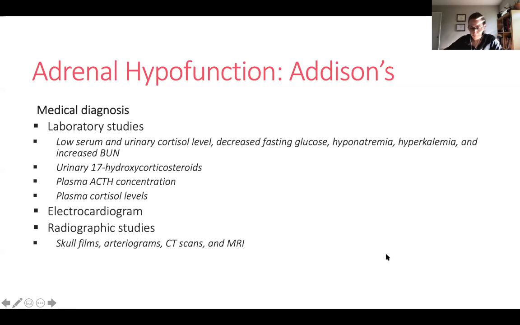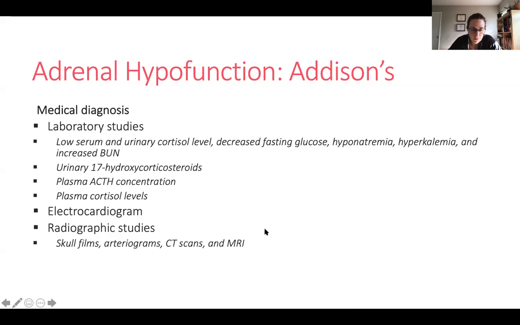So for diagnosis, they will do lab studies to check their serum and urinary cortisol levels. They will do a fasting glucose to see if they have hypoglycemia, and then they'll test their electrolytes to look for low sodium, high potassium, or increased BUN.